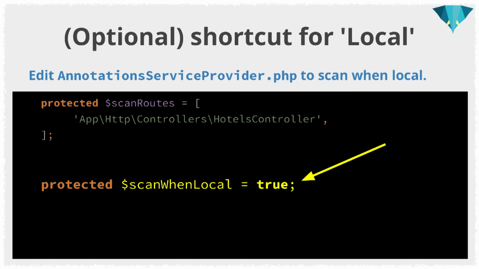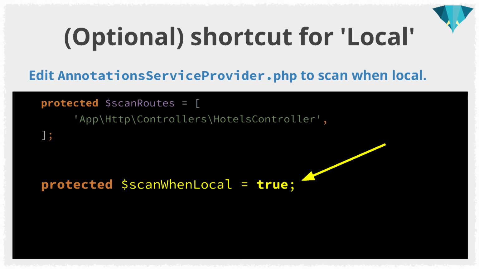But if every time I add an annotation into my doc block I have to do that, it could become very tedious. So there's a shortcut. The service provider has a Boolean variable, scan when local, and we can simply set that to true.